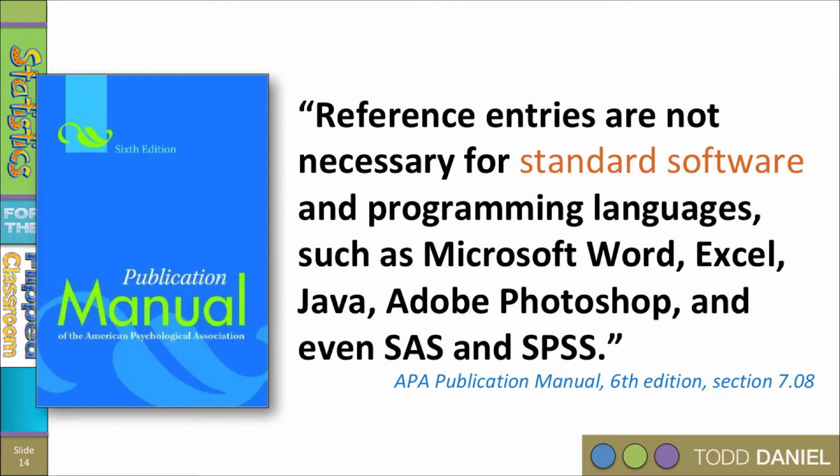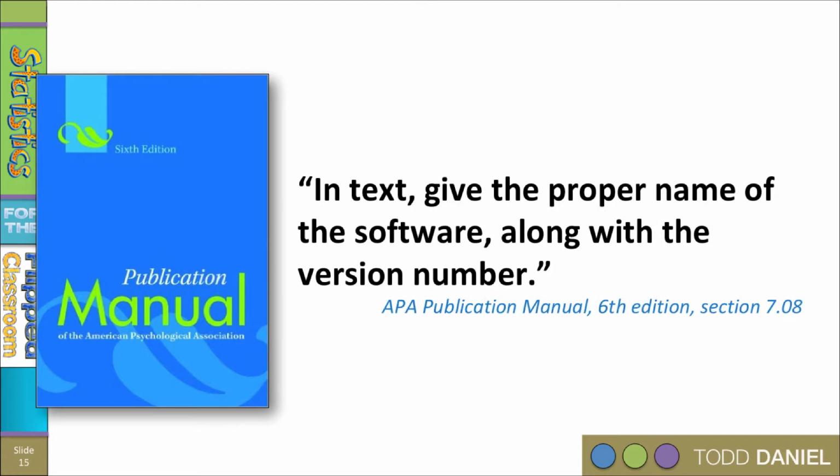So then, how do we cite SPSS in our text? In text, give the proper name of the software along with the version number. So SPSS needs a citation in text, but not a reference on your references page.